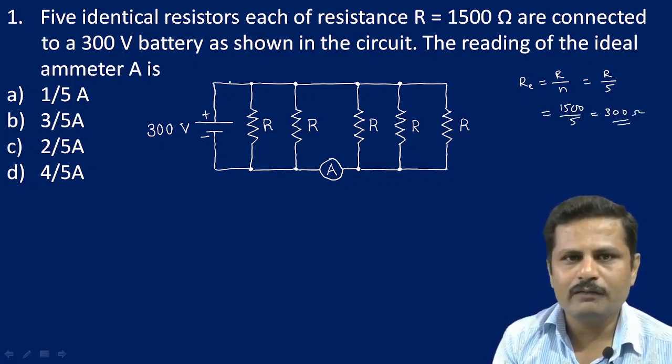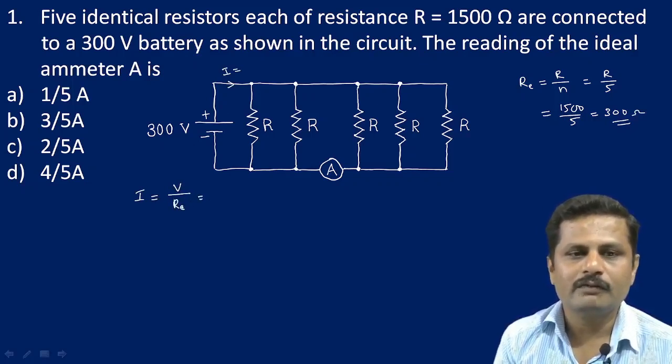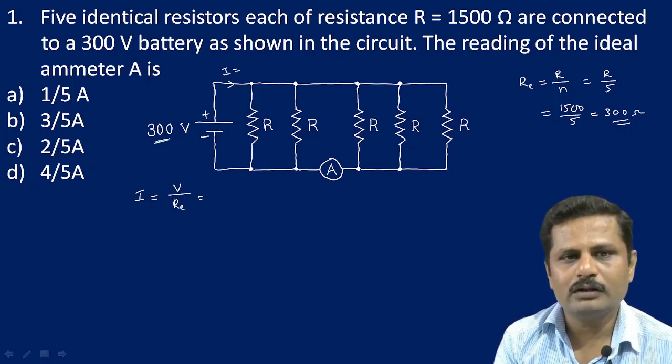Now the current flowing through this circuit, that is I, we need to find out. From Ohm's law, I equals V divided by the effective resistance. We know that V equals 300 volt and the effective resistance equals 300.